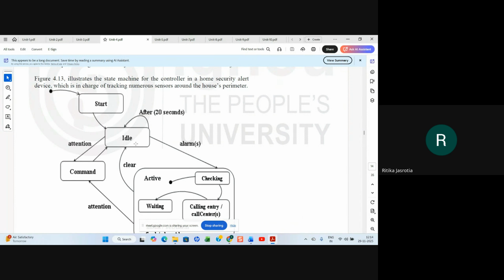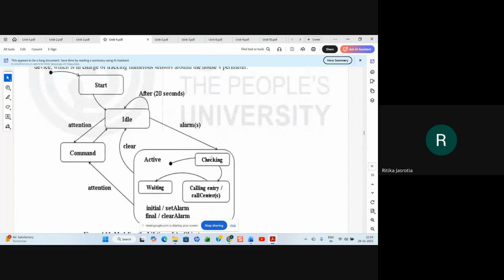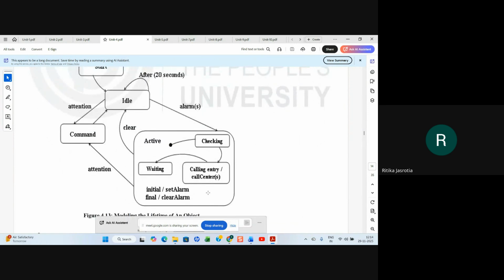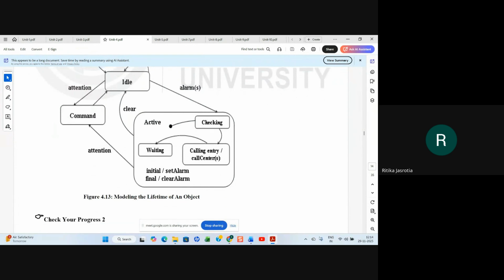Then command is given to idle. Whatever command is given, it comes to the alarm system. A substate is there where if it is active, it is checking, then calling entry or call center, and then waiting, and then clear to idle. So this kind of alarm system they are making. So this is what they are showing.